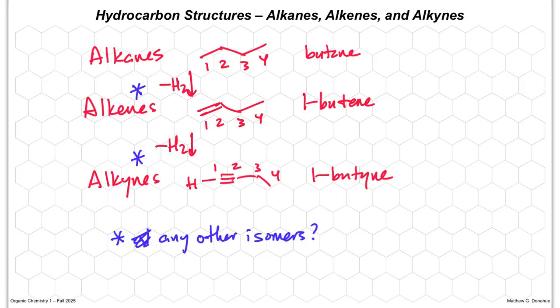So for alkenes and alkynes, I just hypothetically removed the hydrogens from carbons 1 and 2, but say you wanted to do it in other places, could you draw other isomers? That's something you can think about, draw on your own, and see if you can figure it out.